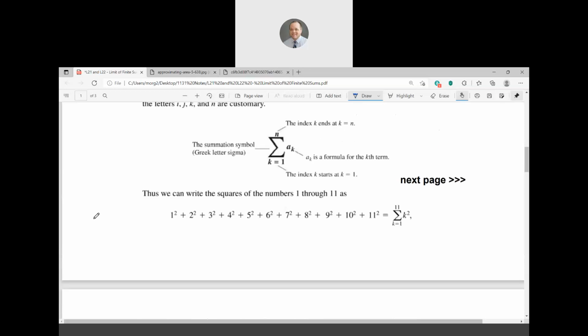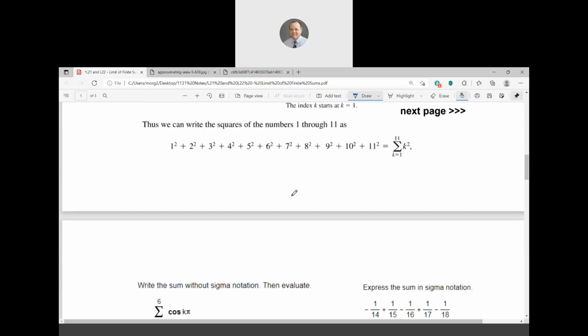Now, if you're asked to find the sum going from, say, 1 to 5 or 1 to 7 of a particular function, then that's pretty easy.